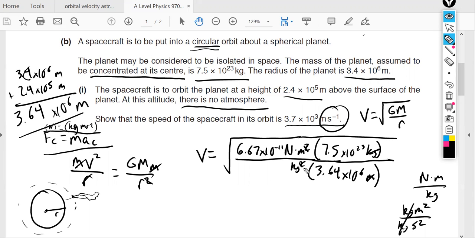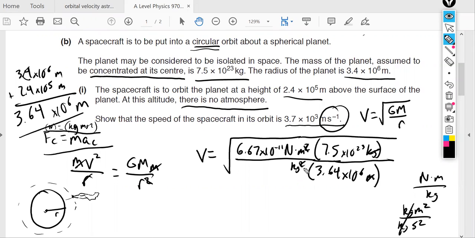All right, so I'm getting 6.67 times 10 to the negative 11 times 7.5 by 10 to the 23 divided by, open parentheses, 3.64, and I got to start over. 6.67 by 10 to the negative 11 times 7.5 by 10 to the 23 divided by, open parentheses, 3.64 times 10 to the 6, close parentheses, equals.